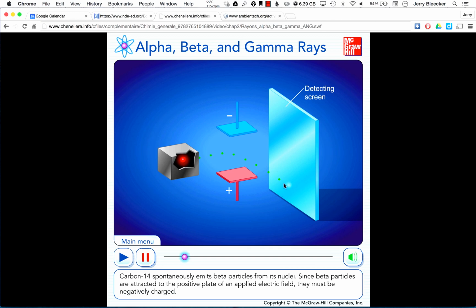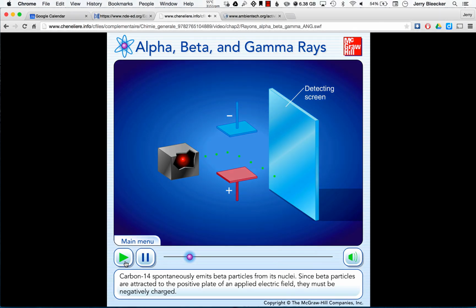This is one of the ways you can determine if something is releasing these beta particles, because they'll bend down like this and illuminate the screen. So when carbon 14 is becoming nitrogen 14, as its neutrons switch allegiance more or less and become protons, it emits that high energy electron, and that is what you see here, which is pretty neat stuff. And this is actually how we detected it.